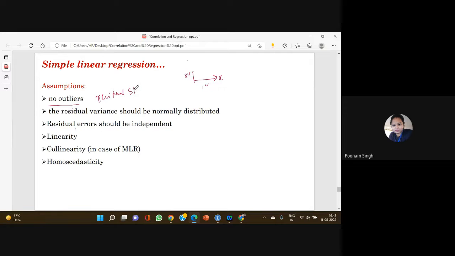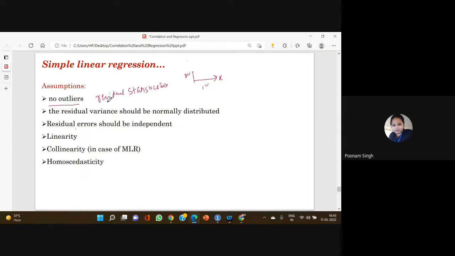For that you need to check the residual statistics box in your SPSS. It will show you whether outliers are present or not.